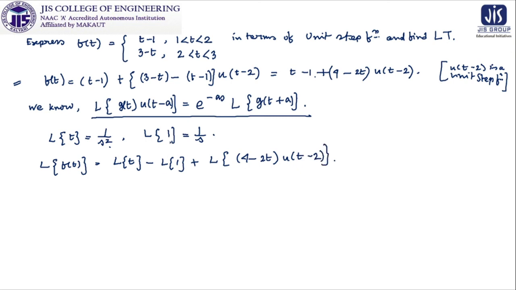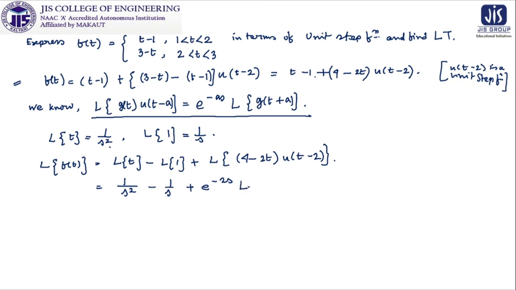Using the linearity property, we have distributed it. So in the next line we can write it is 1 by s square minus 1 by s plus, using this formula, e to the power minus 2s, because it is (4 minus 2t), we can apply it as e to the power minus 2s from here.